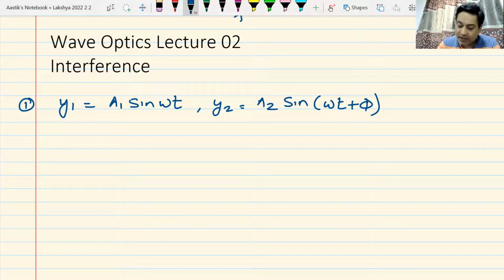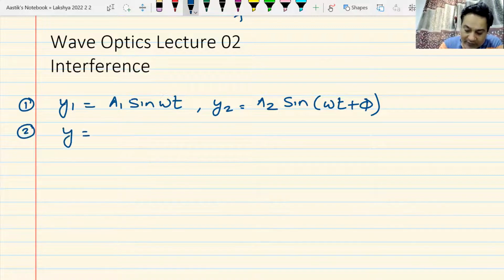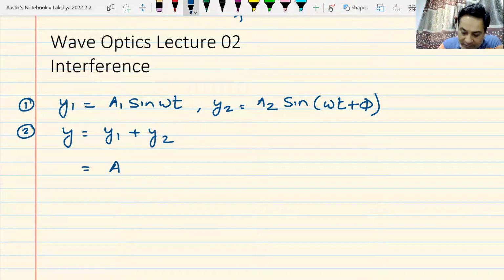When I add these two, y1 plus y2, I will get the resultant displacement, and the answer for that will be A sine (omega t plus xi). We also discussed what the value of this A is.